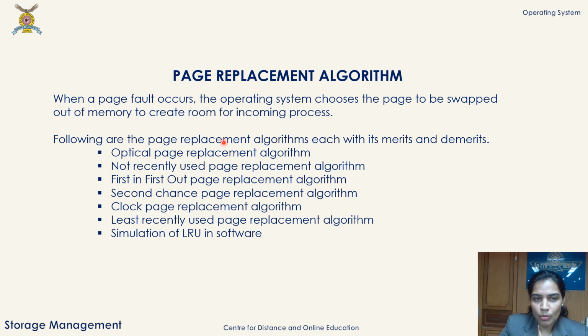When a page fault occurs, the operating system chooses a page to be swapped out of the memory to create room. Now the question is, which page is to be swapped out to create room? That selection will depend on the page replacement algorithm. So in the next part we'll discuss all these algorithms with their merits and demerits.